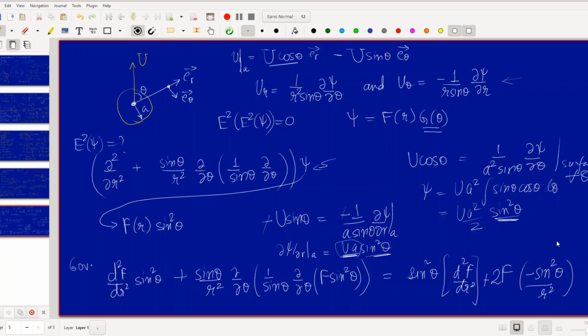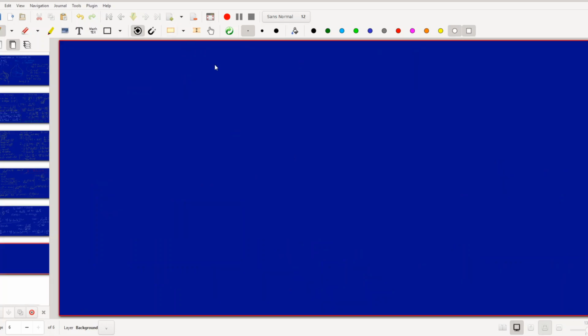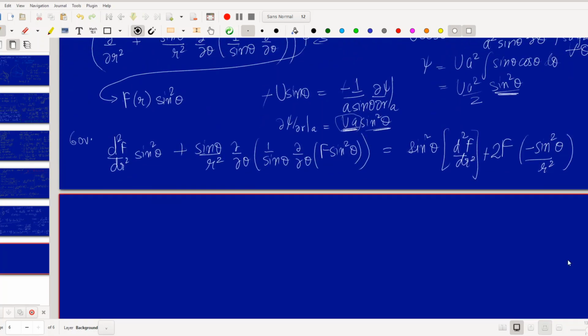So essentially what we have is the E2 operator acting on F(r) times sin square theta is sin square theta multiplied by d2F/dr2 minus 2F by r square.